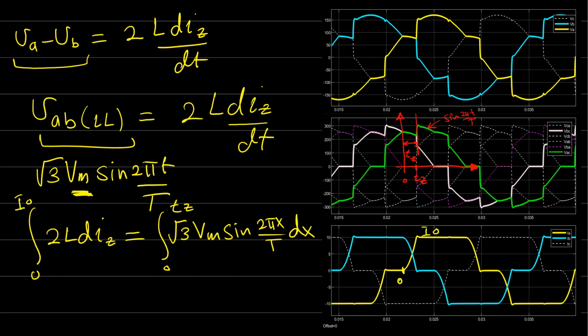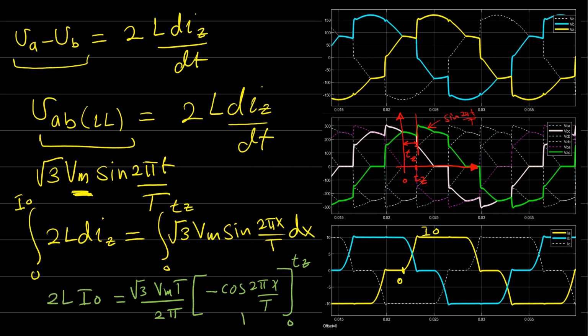Integration of sine gives minus cosine, so this will be minus cosine 2 pi x over T from 0 to Tz, the commutation time, times the square root of 3 times V maximum times T capital over 2 pi, and this definitely will be how much? 2L times I out.